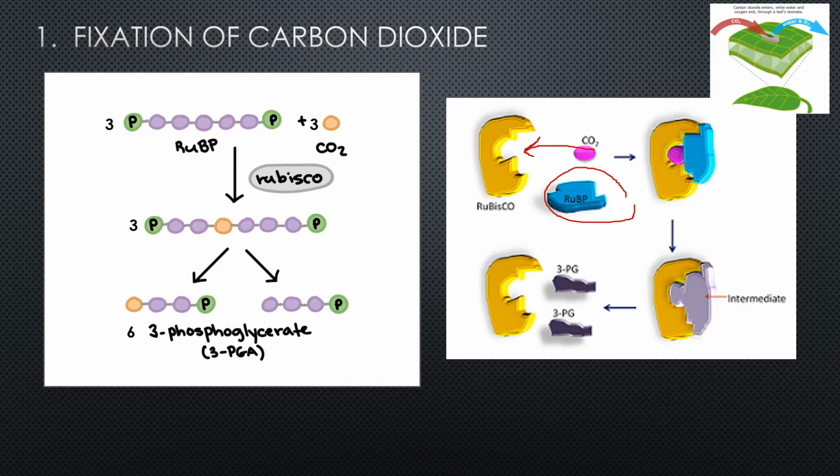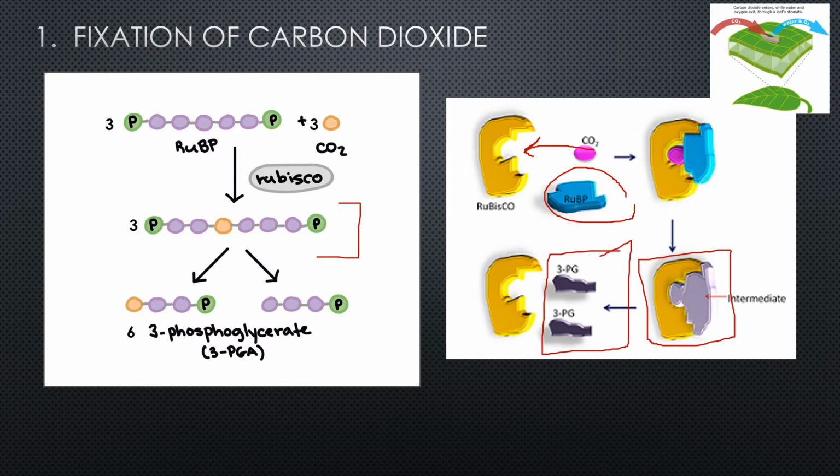And so here on the right, it shows you RuBP and carbon dioxide binding to Rubisco at its active site. Then we have our intermediate enzyme substrate complex, and during this process is where we get a 6-carbon chain, which is then cleaved into 2 pieces, and we wind up with 3-phosphoglycerate, or 3-PGA, and we have 2 of the 3-PGAs.